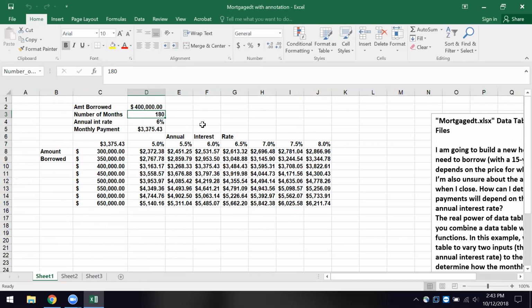Now, let me say this. Most mortgage lenders want you to do 30 years. Why? Because they can charge you the highest. They can get the most interest out of you if you carry the home for the entire 30-year period.